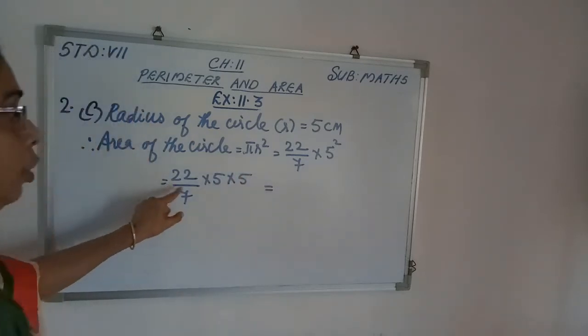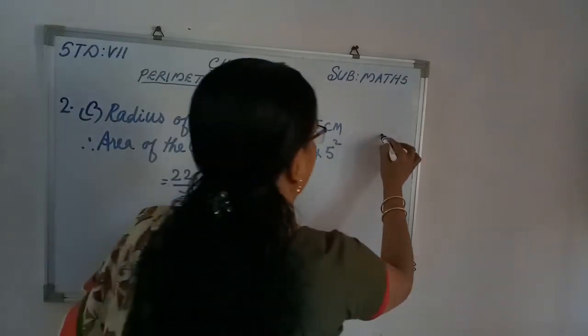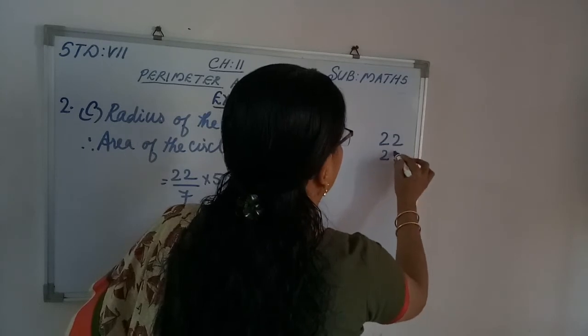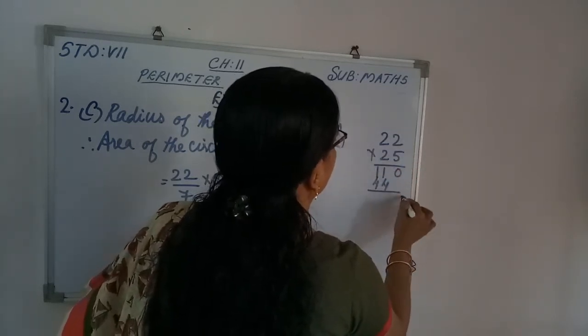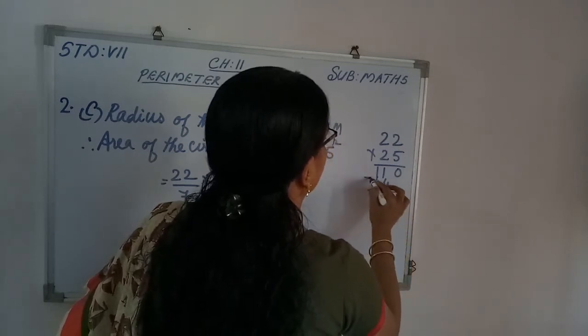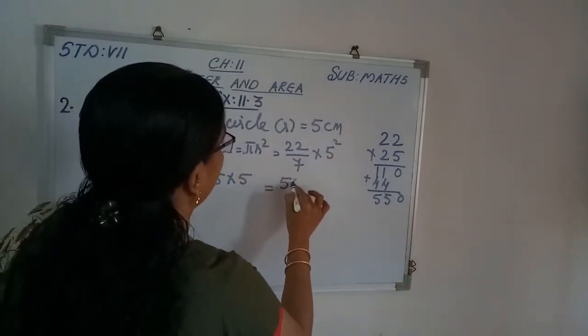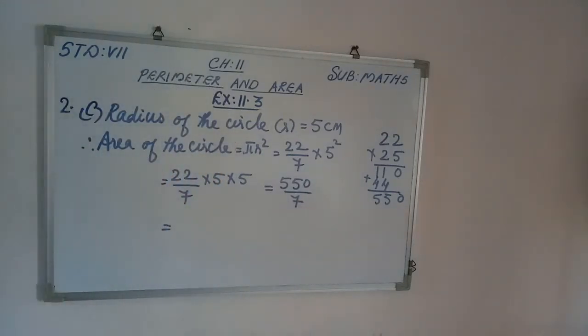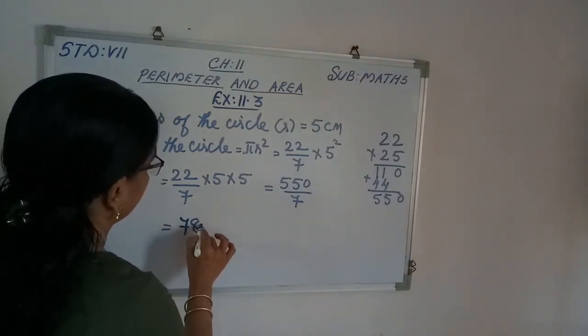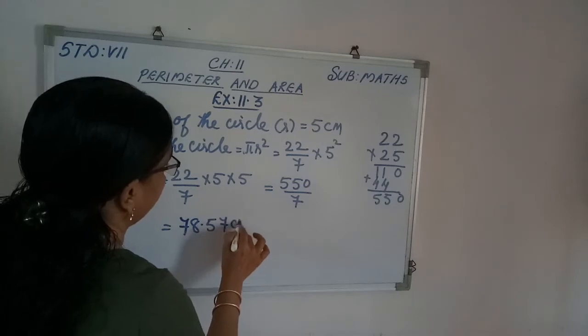That's equal to 22 multiplied by 25, that is 550 divided by 7. 550 divided by 7, you will get 78.57 centimeter square.